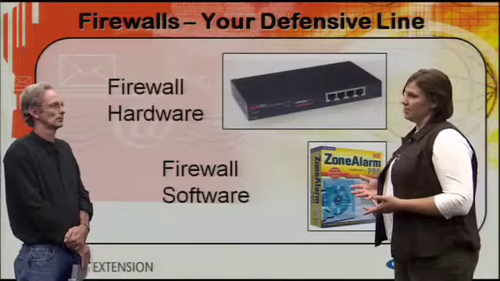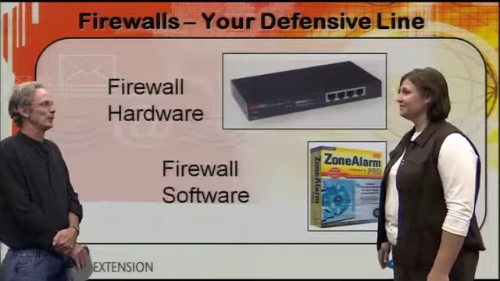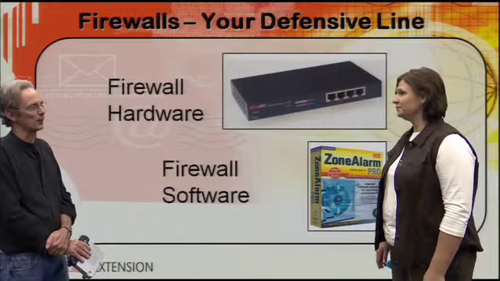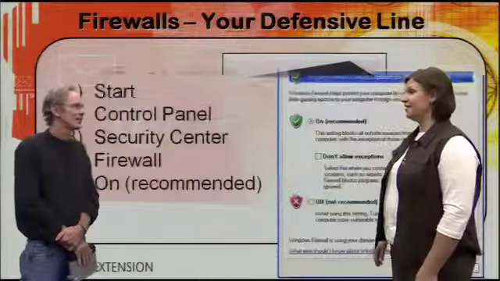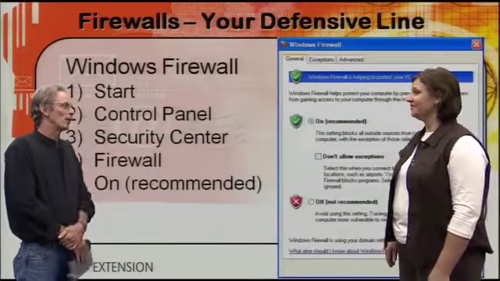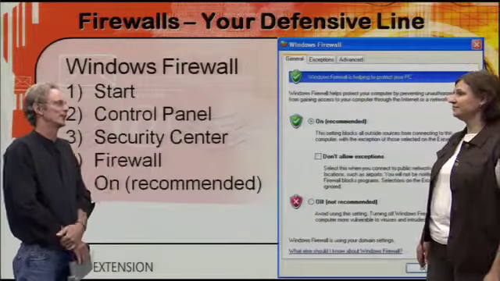Now the next question is, how do we install these firewalls? Well, you'll be reassured to know that most computer operating systems now come complete with their own software firewall. That's a good thing. Yes. The Windows firewall is enabled by default from the factory, but you will want to check to make sure.